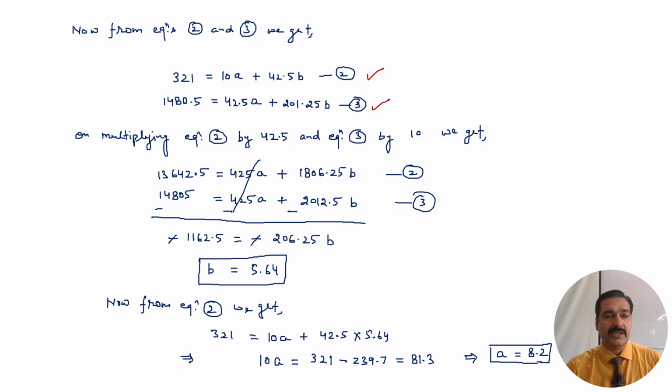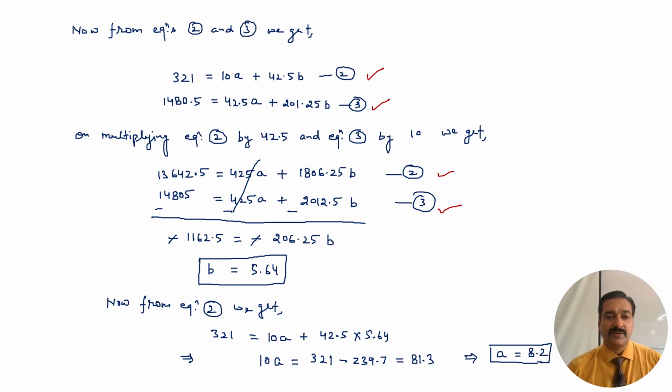As you know, in the elimination method, we multiply the coefficient of a in the second equation with the third equation, and the coefficient of a in the third equation is multiplied in equation 2. That's why I have multiplied 42.5 in equation 2 and 10 in equation 3, after which I got these two equations. In this way we are able to get the same coefficients of a.